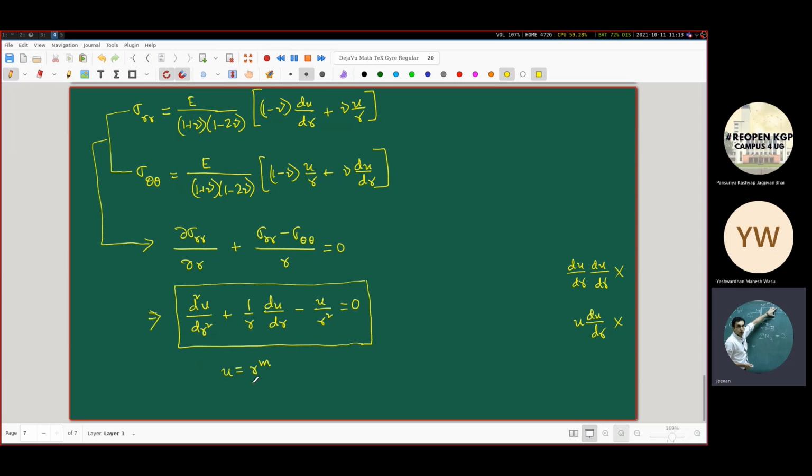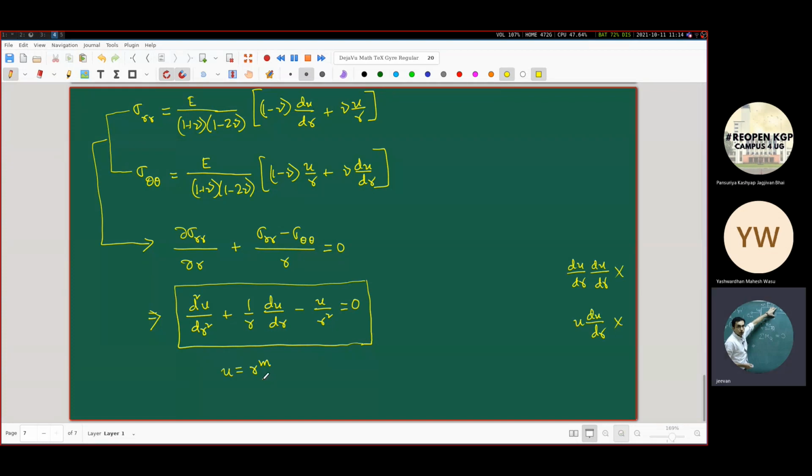Now, this is certainly a guesswork. It is nothing more than that. We are guessing that our solution will be of this form. But why this kind of a drastic step? Well, the theory of differential equations tells us that if we have a linear equation, it is going to have a unique solution.